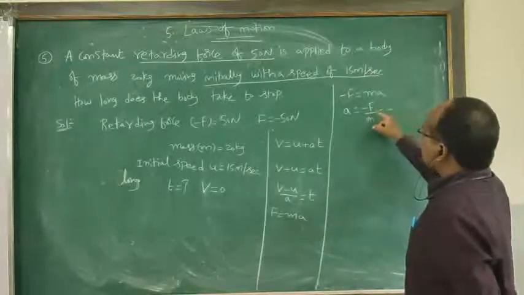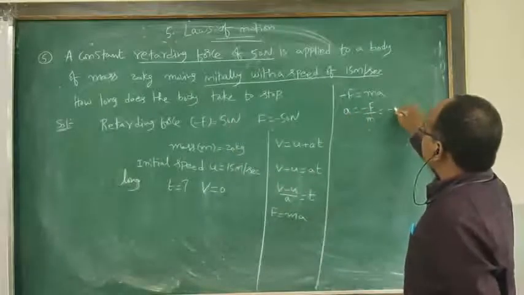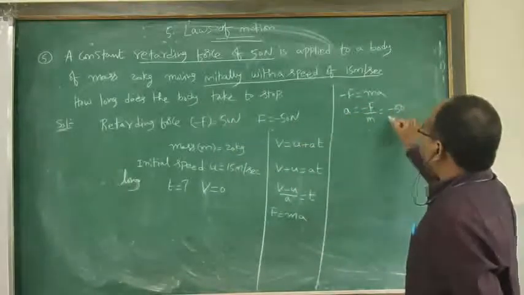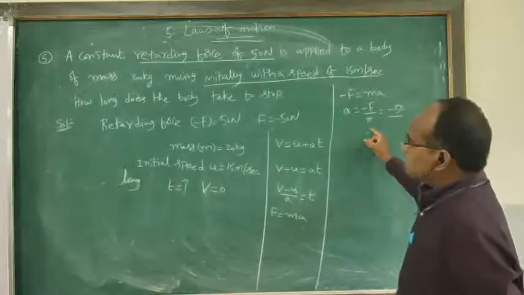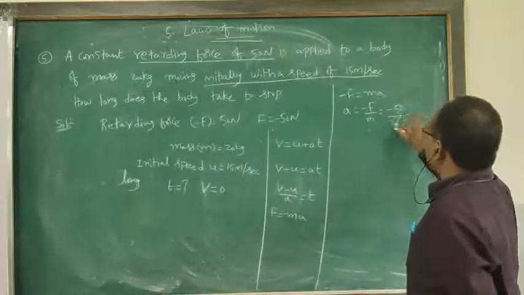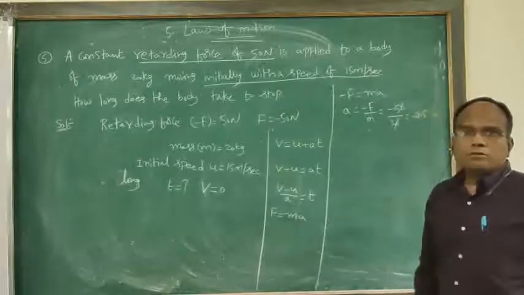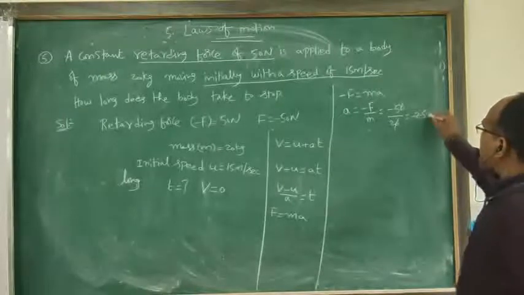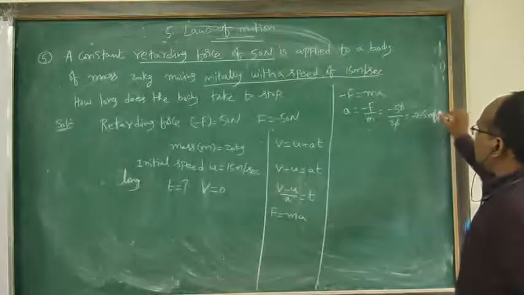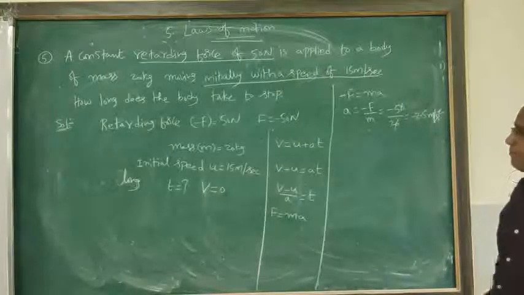F is 50 Newton, so minus 50 divided by mass. Mass is 20. So the zero is going to cancel. Minus 2.5. A is equal to minus 2.5 meter per second square. Acceleration unit is meter per second square.